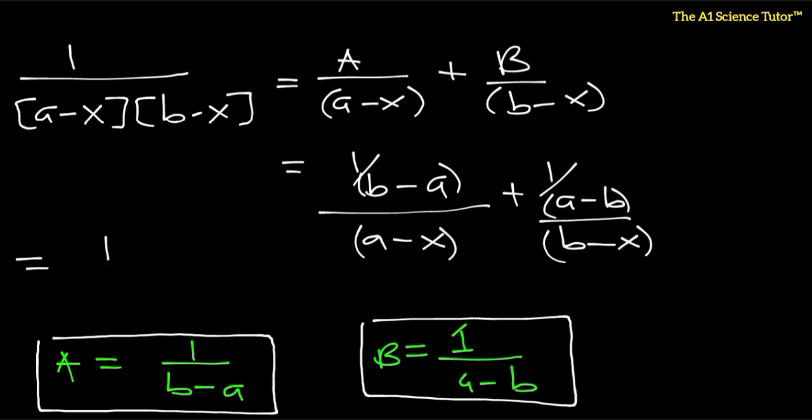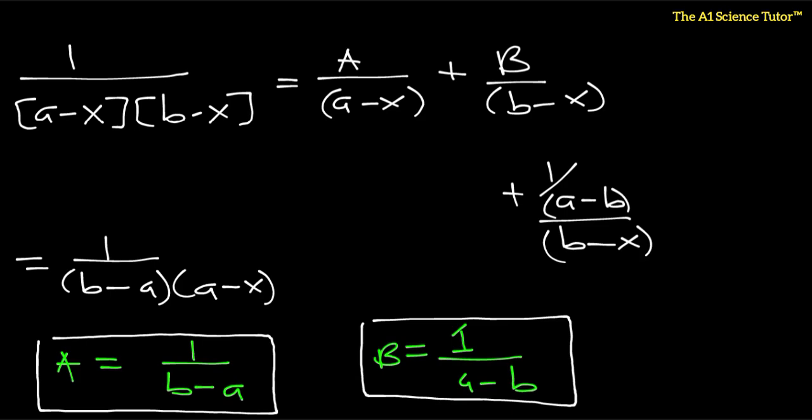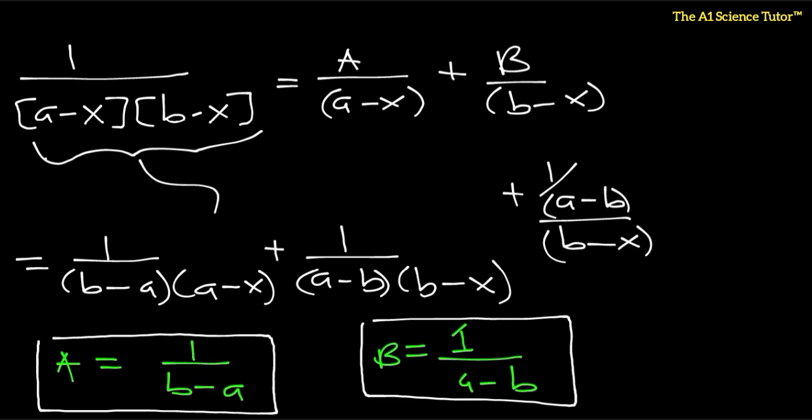That will be 1 divided by B minus A, and this is into A minus X. This will be plus 1 divided by A minus B. This is going to be B minus X. So this is what we have. What that means is this stuff, this is what it is equal to. So we need to replace this with this ones. So let us do that.